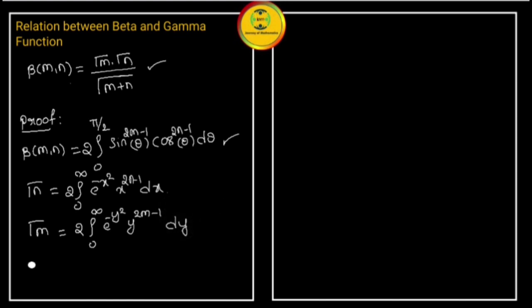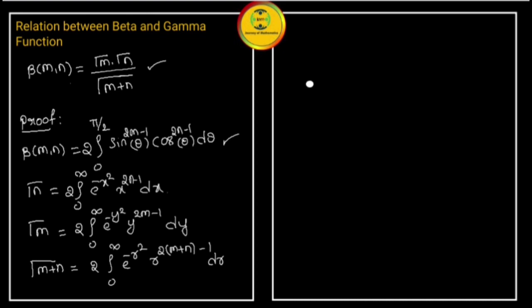In the same way, gamma of m plus n is equal to 2 into integral 0 to infinity e power minus r square r power 2 into (m plus n) minus 1 dr. So these are the three definitions for three different variables: gamma of n, gamma of m and gamma of m plus n.